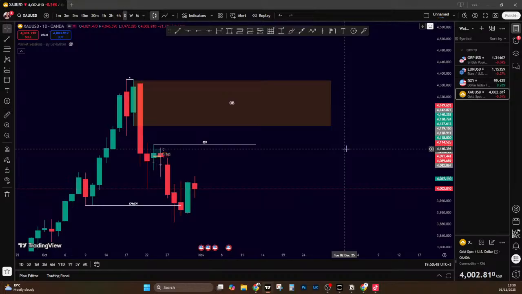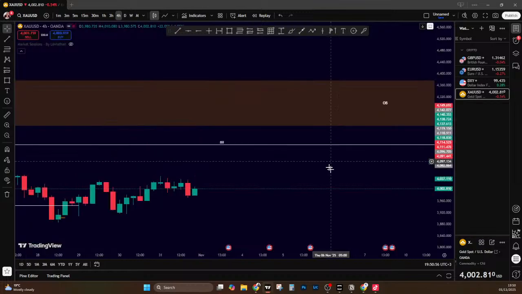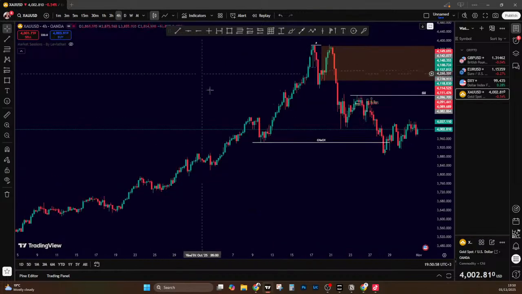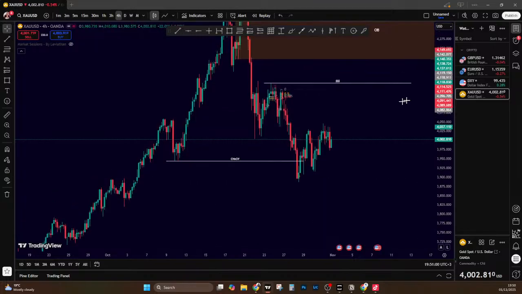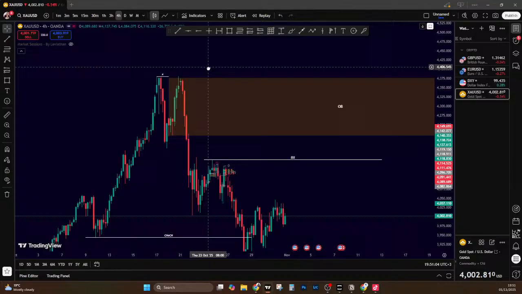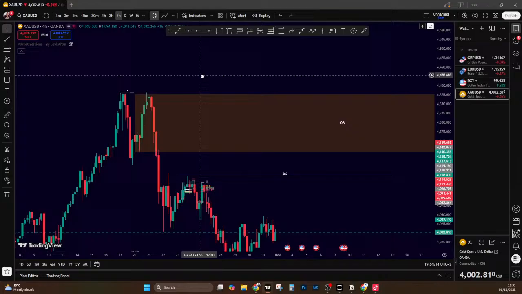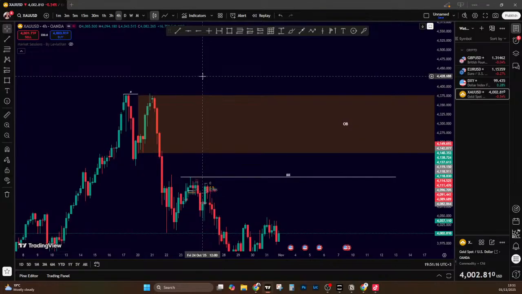And so, what that tells me is that if I go to the 4 hours and try to refine my entry, the good thing with gold is it does not have a lot of things that can disappoint you. If I am following my order block, I can see a few things here.